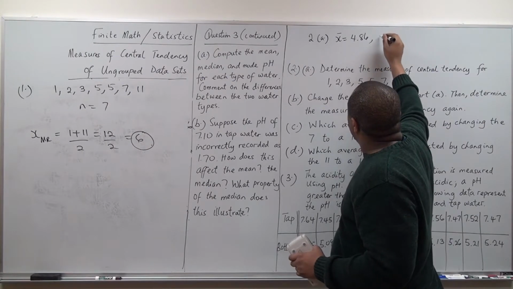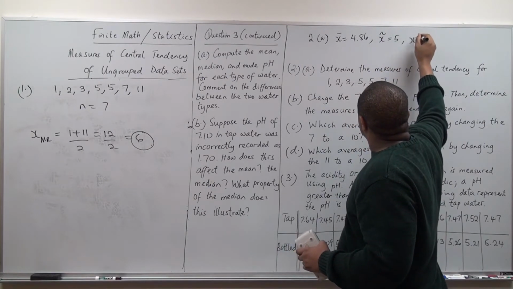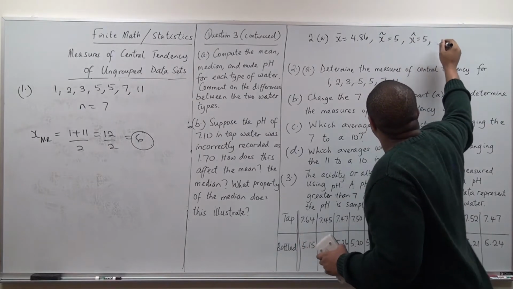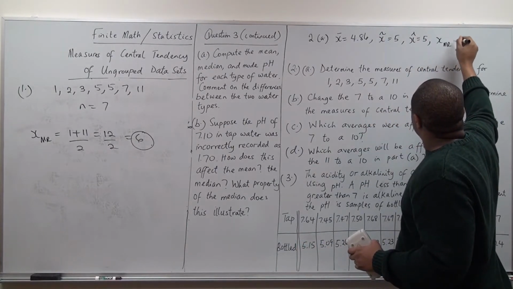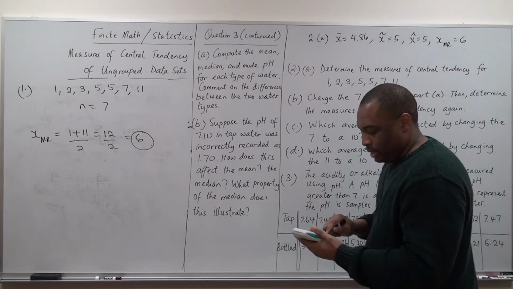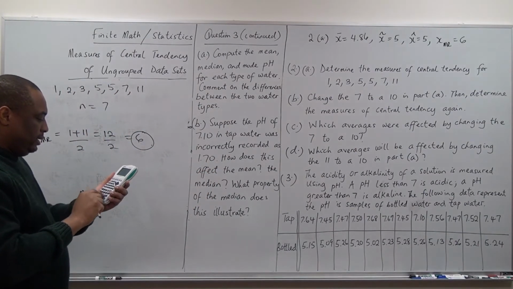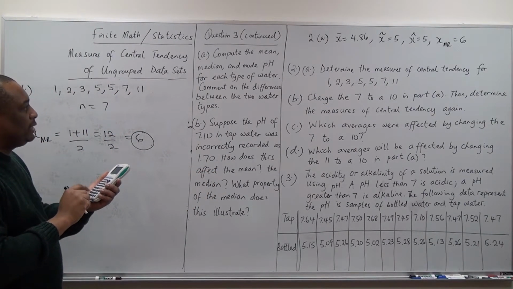Then our median to be 5, our mode to be 5, and our mid-range to be 6, right? Okay? Let me be very sure of this.